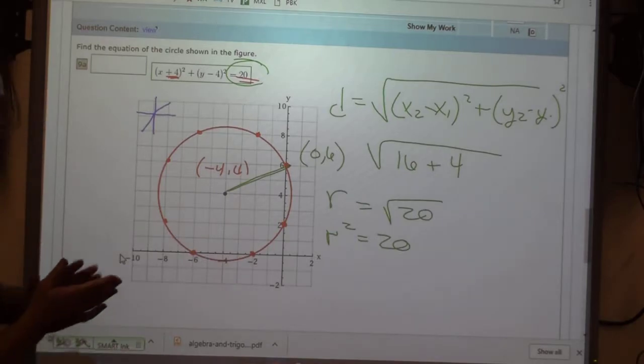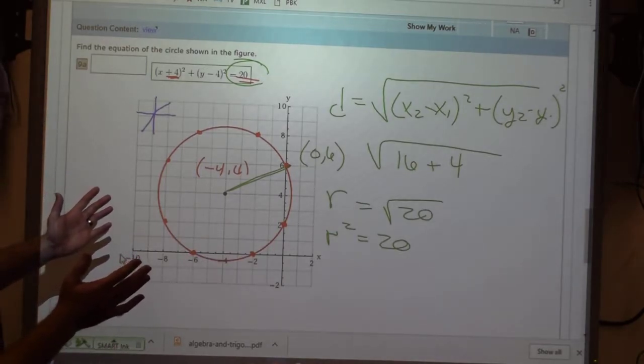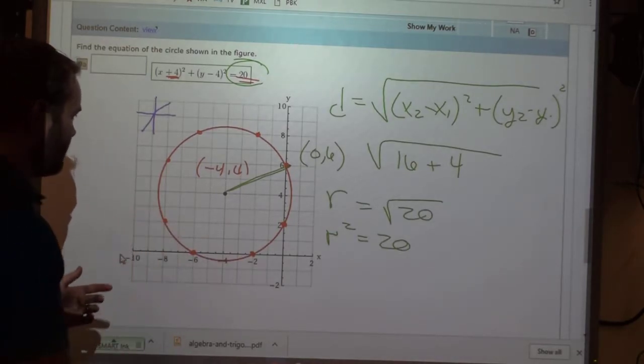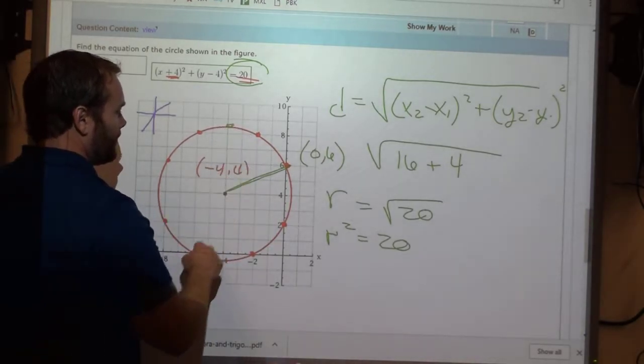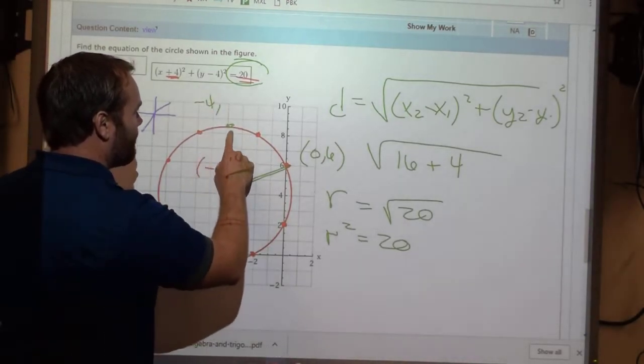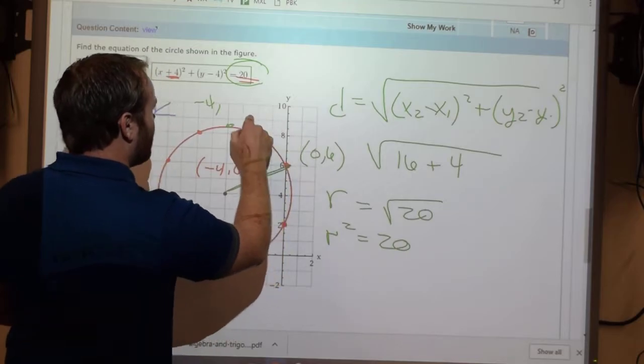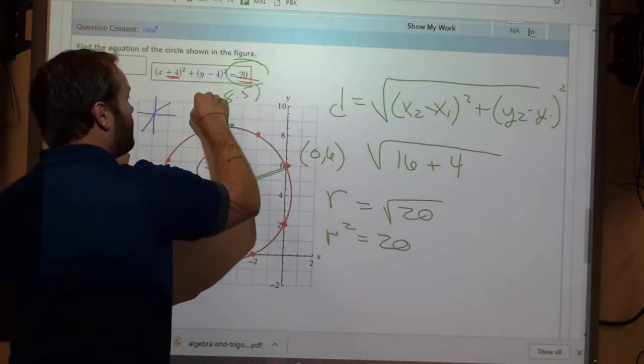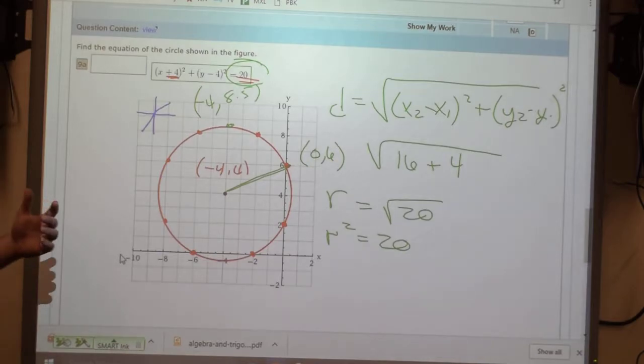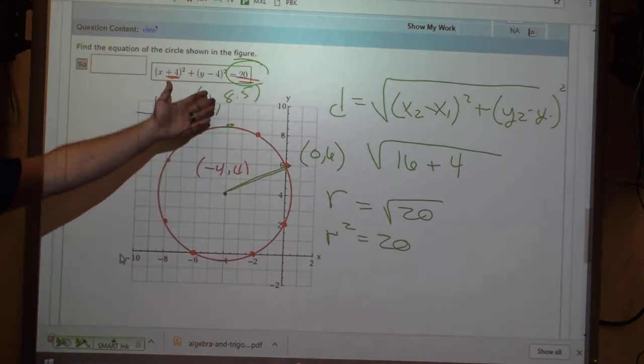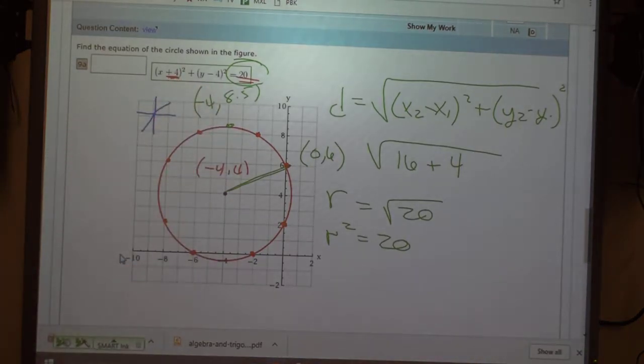If we look at this, for instance, let's say you chose negative 4, comma, that point looks like it would be 8.5. If you did this, with those two, you would probably get 20.25. Very, very close to the actual 20.